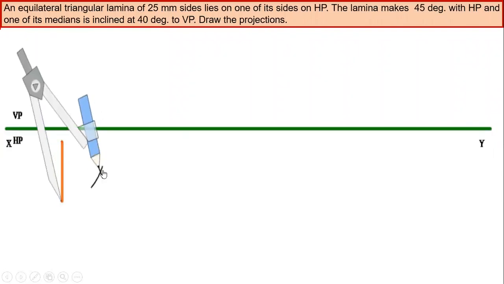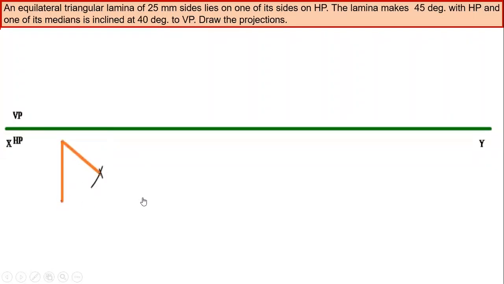Now join these using visible lines. This completes the construction of the equilateral triangular lamina measuring 25. Name it as A, B and C. Now project all the points onto the XY line, and your front view is a straight line.